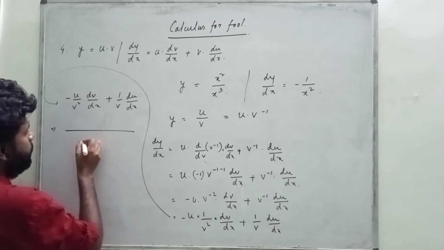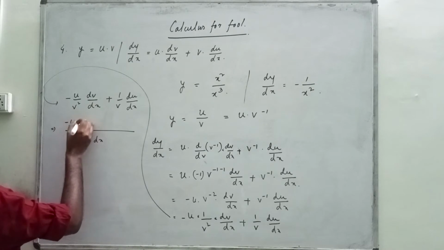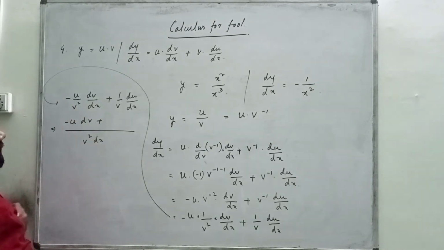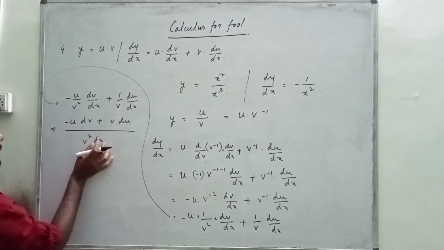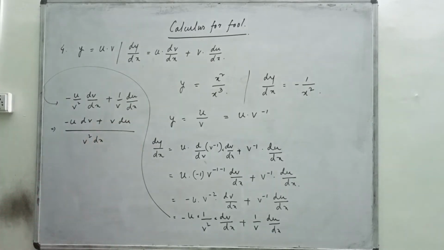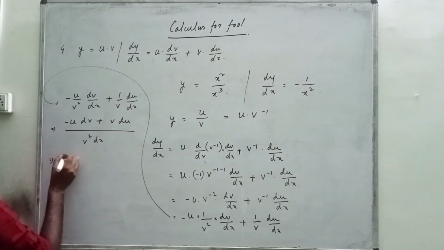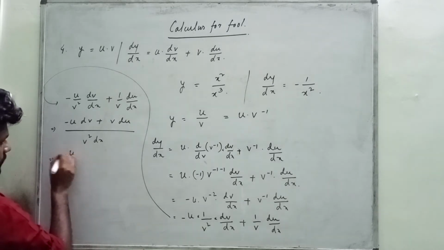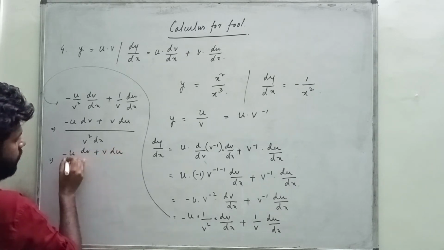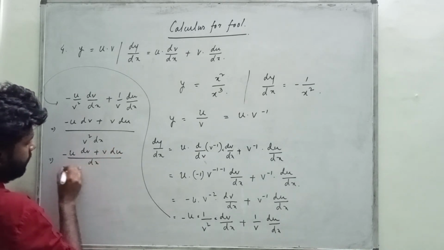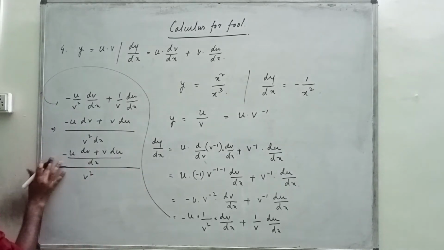So v squared dx in the denominator, and very simply minus u dv plus v du. And if you introduce it in the numerator, it goes minus u dv plus v du over dx by v squared, right? It is a whole division, a long division, v squared.